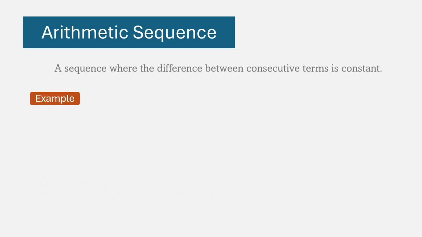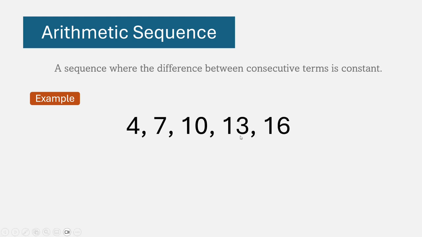So when I say arithmetic sequence, it is a sequence where the difference between consecutive terms is constant. Here's an example. Take note of this sequence: 4, 7, 10, 13, and 16. If we look at the difference of the terms, we can observe that it is positive 3, because 4 plus 3 is 7, 7 plus 3 is 10, 10 plus 3 is 13, and so on.